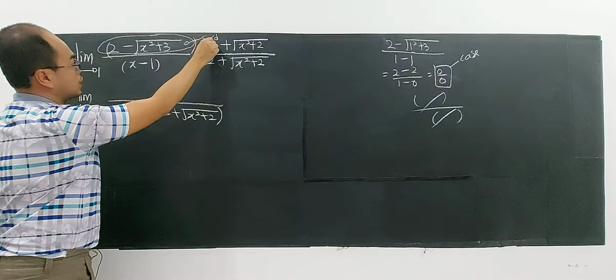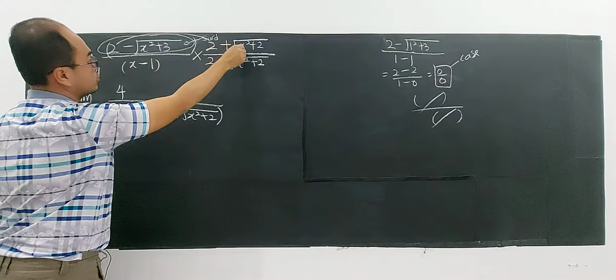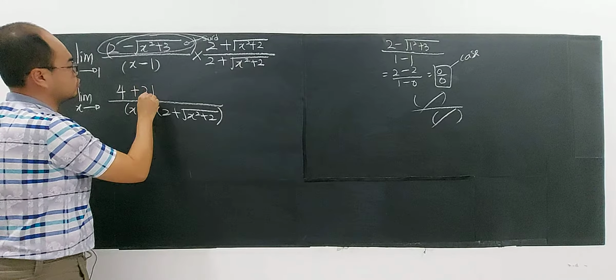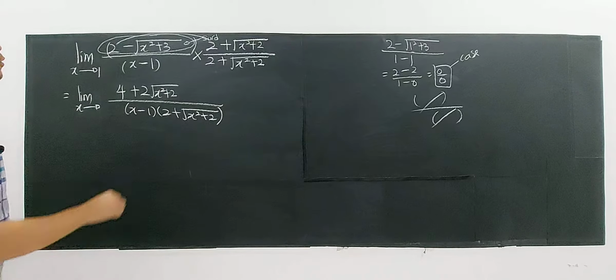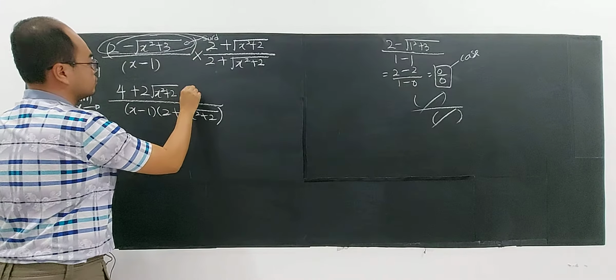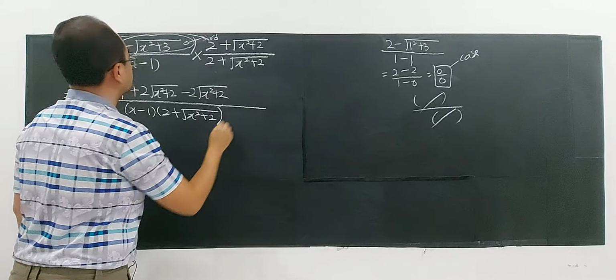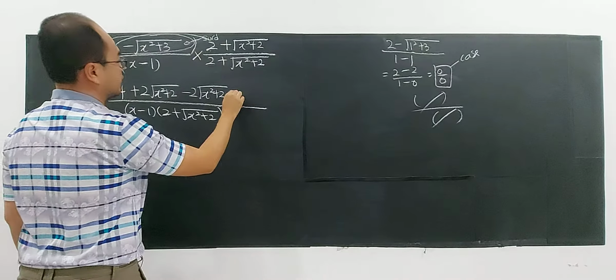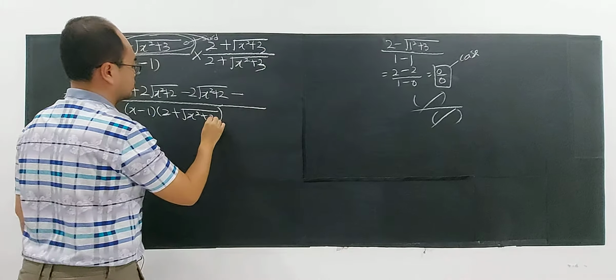So 2 times 2, we have 4, and with this one you have positive 2 square root of x squared plus 3, followed by negative 2 square root of x squared plus 3. Oh, this one is 3, sorry, this is 3.